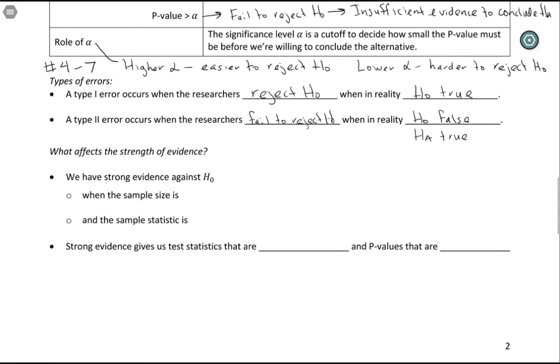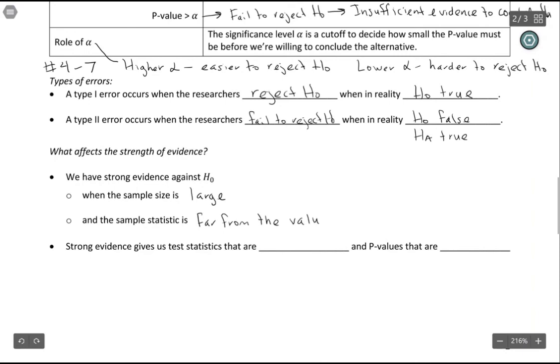This is also related to the amount of evidence that you have. So just in general, if we want strong evidence against the null hypothesis, that's going to happen when the sample size is large, right? More information, more evidence. And when your sample statistic is far from the value in the null hypothesis.